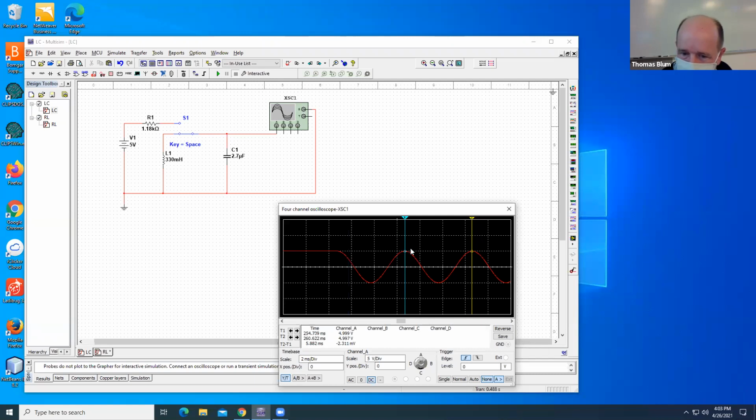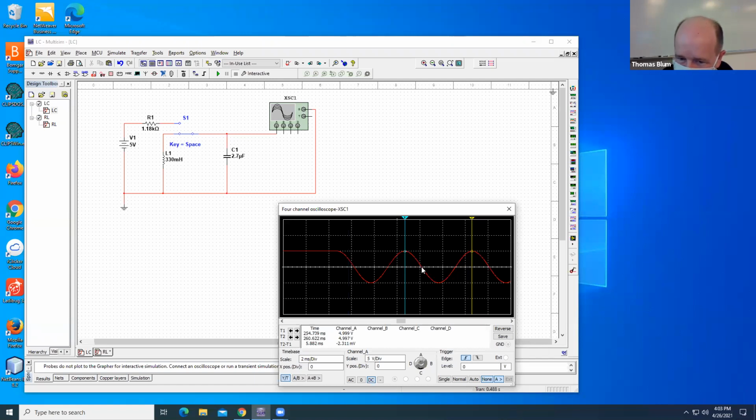So here's one cycle. It's up, it's down, it's back up. That's a cycle. And you can measure the cycle from up to up, or from down to down, or from going through zero and going down to going through zero and going down.